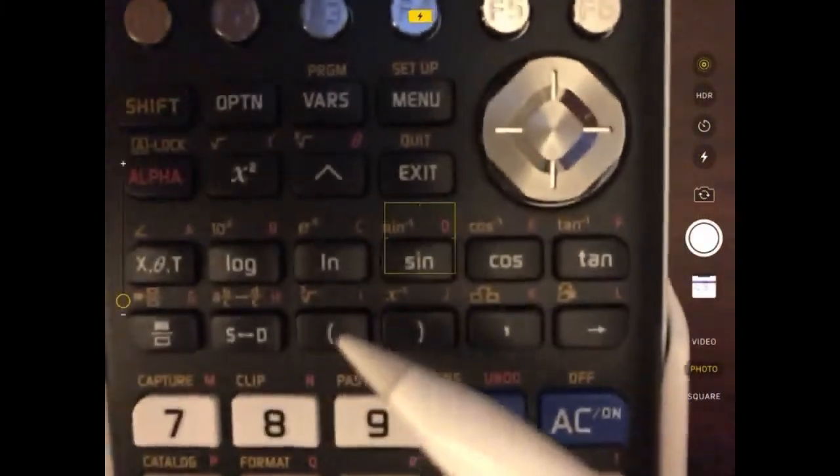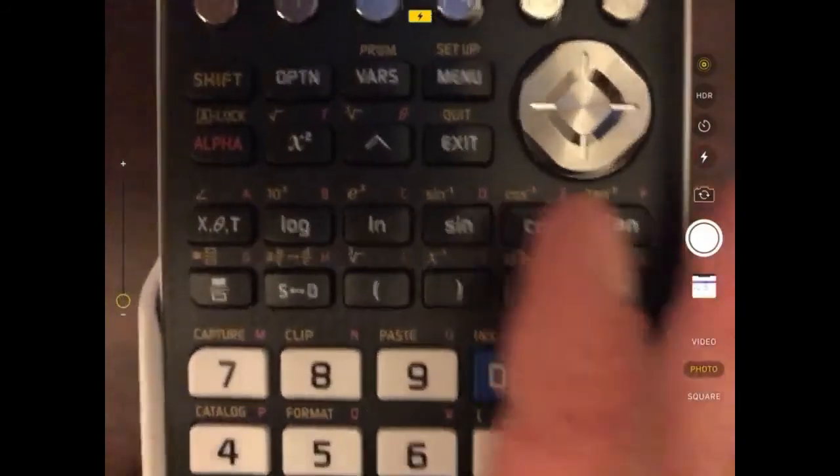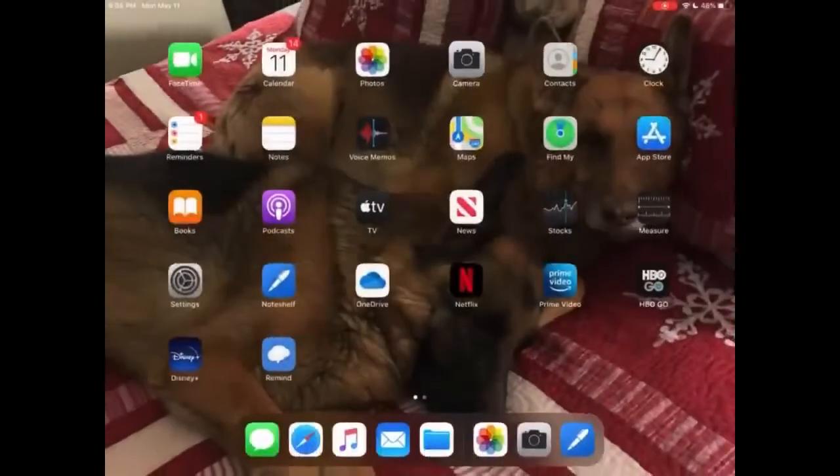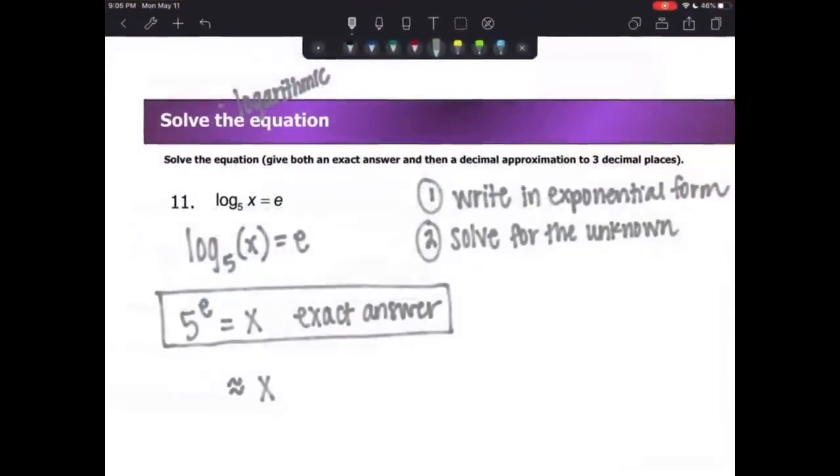2.7-ish. So 5 raised to the 2.7-ish should be what? 5 to the second power is 25, and 5 to the third power is 125.